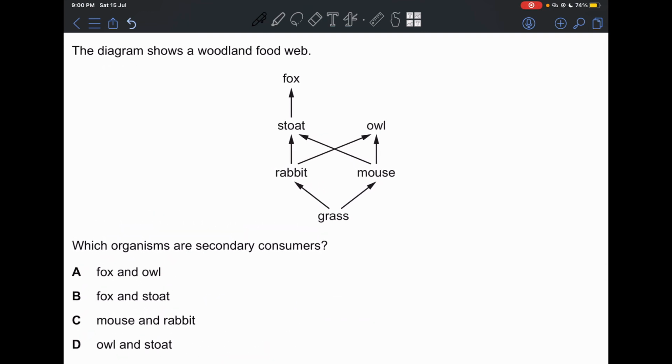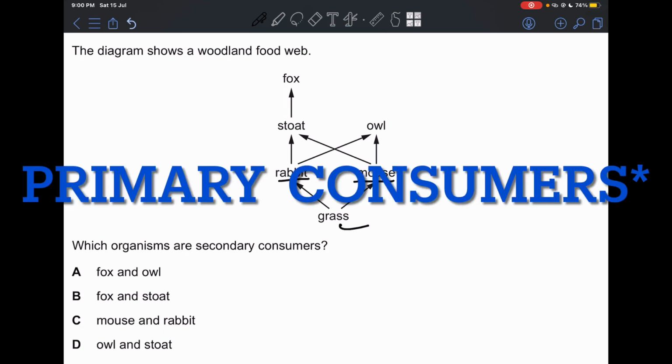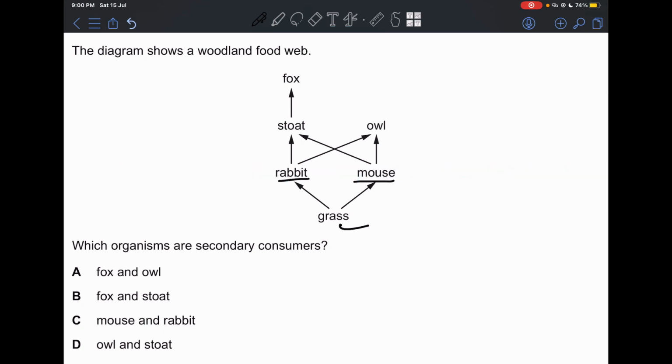Where does it go, and what is the end of it? Now over here, the grass is a producer, and the mouse and the rabbit, they are primary consumers. Now over here, the mouse, the stoat eats it, so this is a secondary consumer, and also the owl is a secondary consumer. So our answer is going to be D.